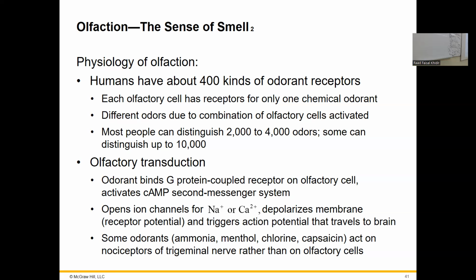With odorants and tastants, we detect them based on, are they hydrophobic? Then they will be utilized as first messengers that will elicit the odor response and the taste response. But if they're hydrophilic, then that means we're going to need a second messenger.